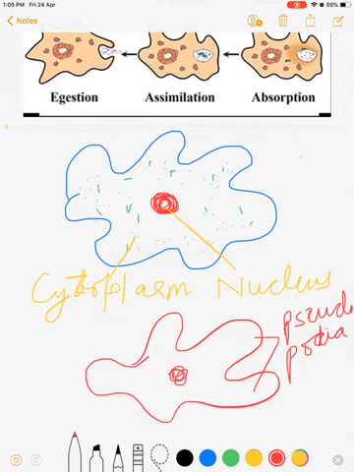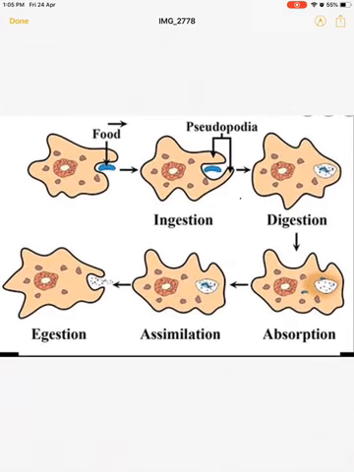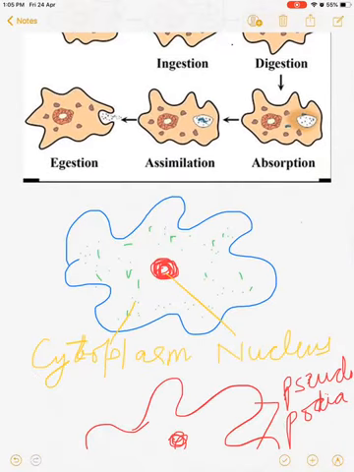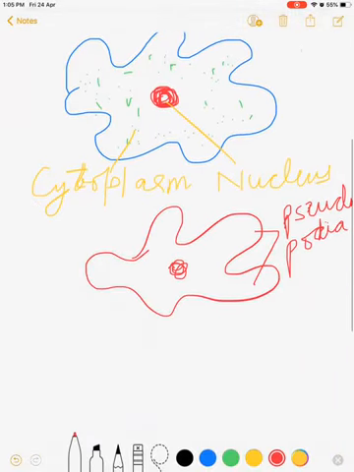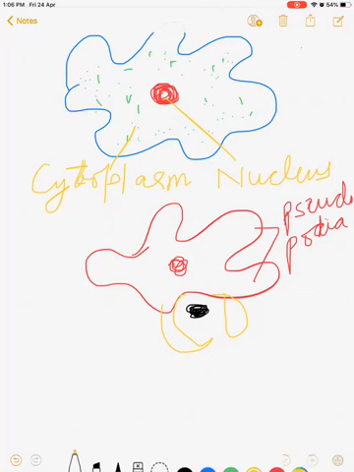Now we will start the digestion in amoeba. Look at this picture. Whenever a food particle comes near the body surface of an amoeba, it senses the food particle, so its pseudopodia start growing to cover it.